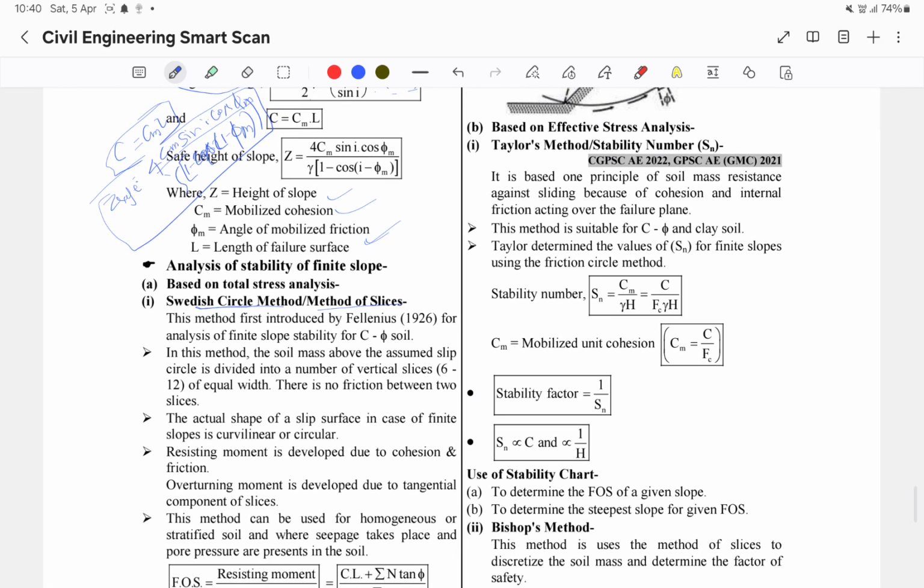This method was first introduced by Fellenius in 1926 for the analysis of finite slope stability of c-phi soil.